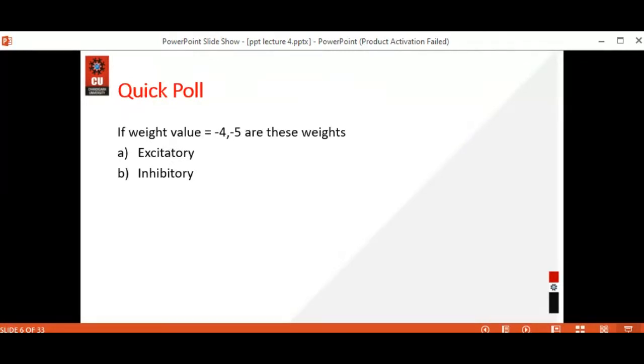Now just answer me this. I'll be launching a poll for you. You'll have to choose between these two things. Yes, all of you. Either they will be termed as excitatory or inhibitory.